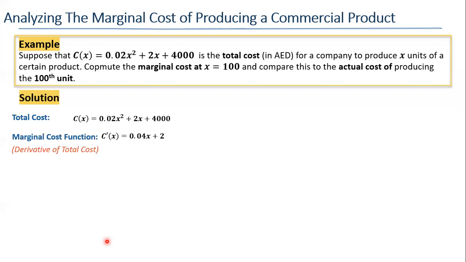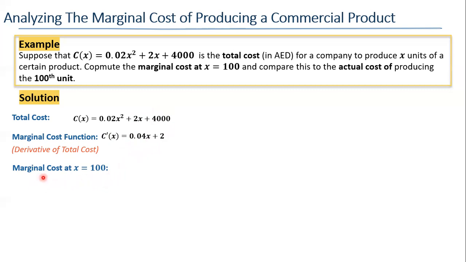So we'll find the derivative of C. C prime equals 2 times 0.02, which is 0.04, x power 2 minus 1, x power 1, plus 2 times the derivative of x, which is 1, so 2 times 1 is 2, plus the derivative of a constant is 0. So C prime of x equals 0.04x plus 2.